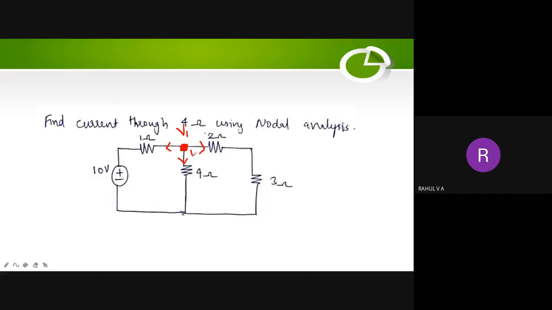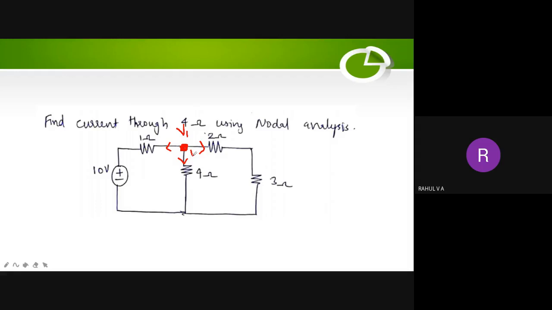Leaving away from the node, that is very important, unless there is a current source. If there is a current source, depending on its direction, you have to say whether it is entering or leaving. But whenever you have a resistor component like that, you have to assume that the current is leaving the node.